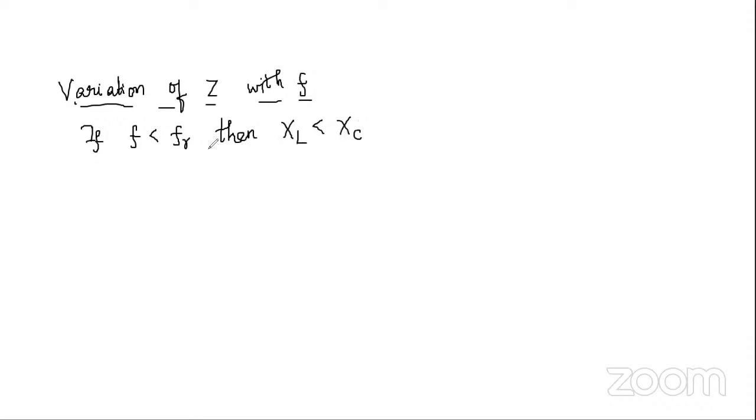Okay, if your frequency is lesser than the resonant frequency, that means the circuit behaves like a capacitive circuit. You see, the capacitive reactance is more than the inductive reactance. So circuit nature is capacitive. Circuit is capacitive.